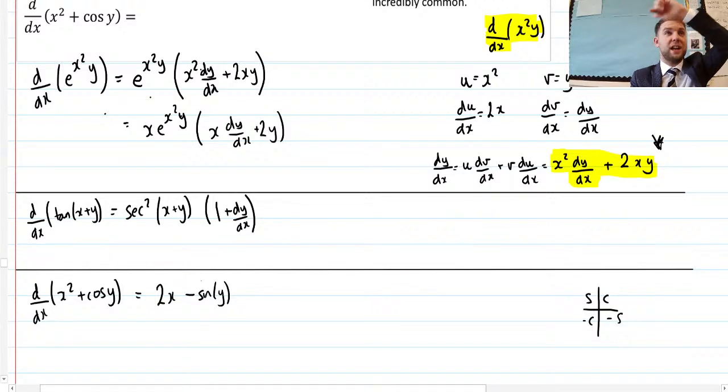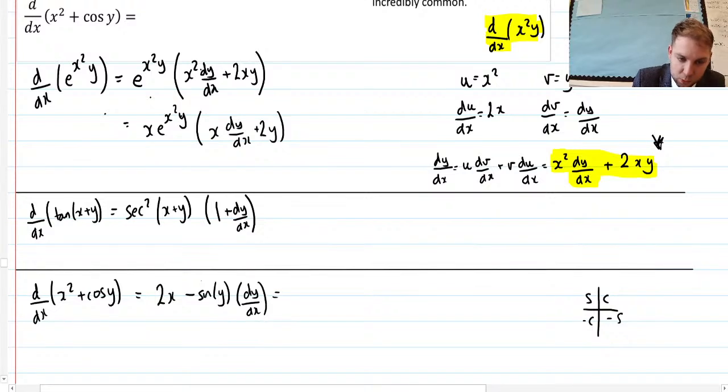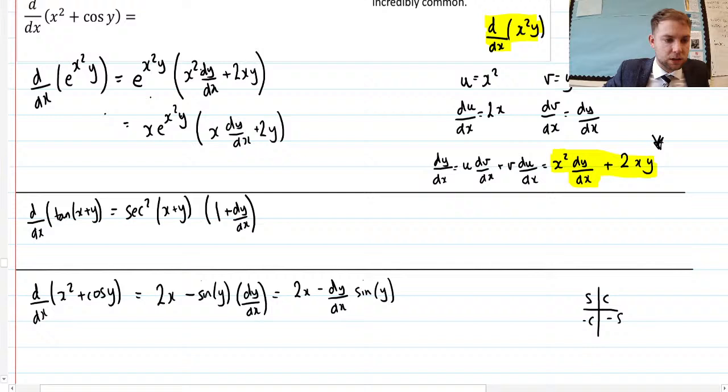But then I've got to differentiate inside that, which is going to be times by dy by dx. So this is equal to 2x minus dy by dx sine of y, like so. Lots going on there.